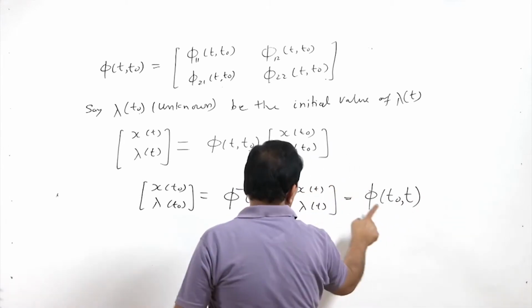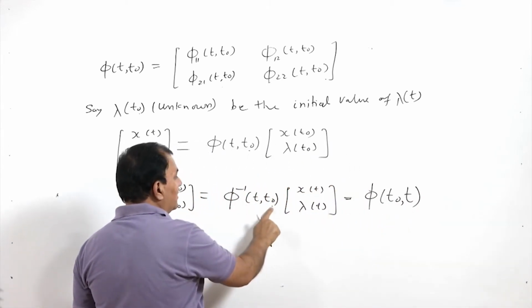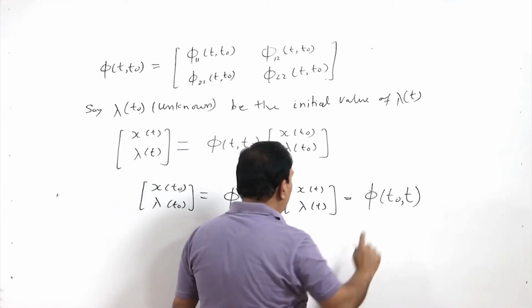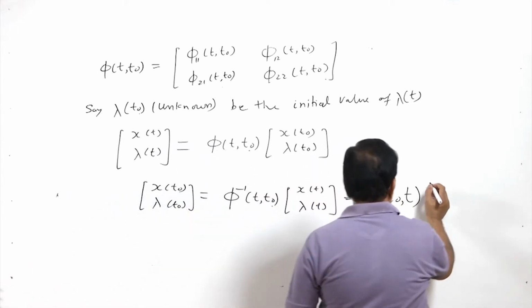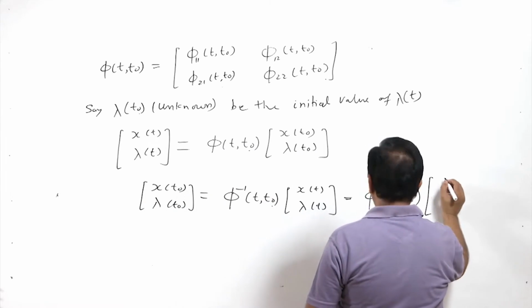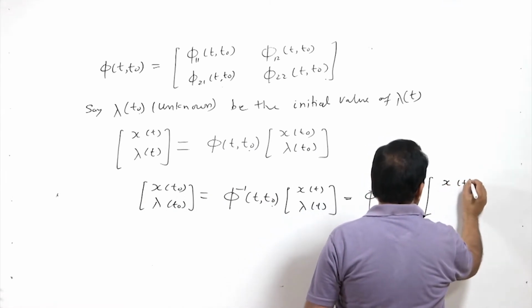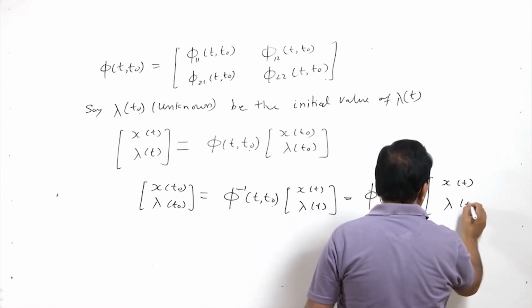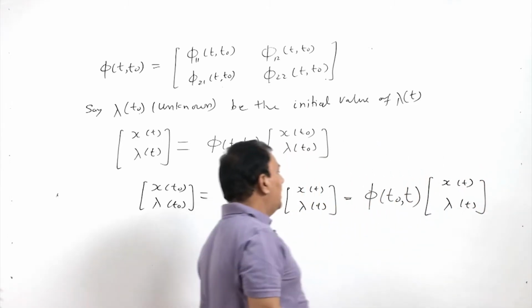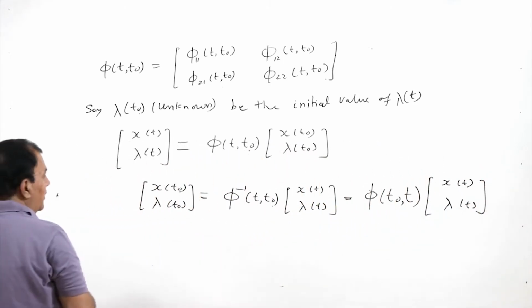So, this is the identity of the state transition matrix: phi inverse(t, t0) is phi(t0, t), which I can write in terms of x(t), lambda(t).